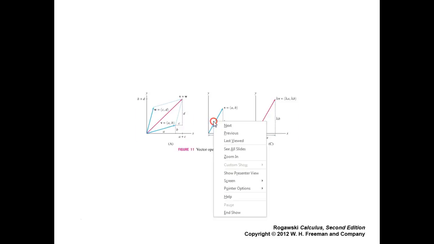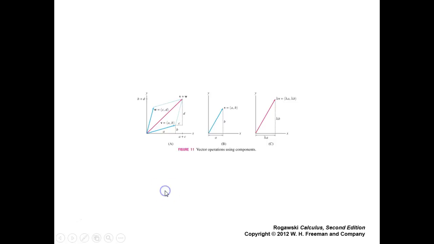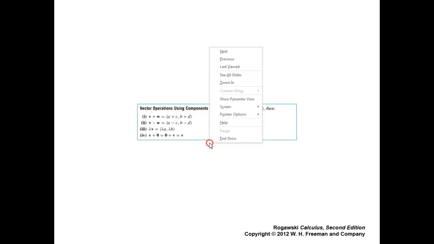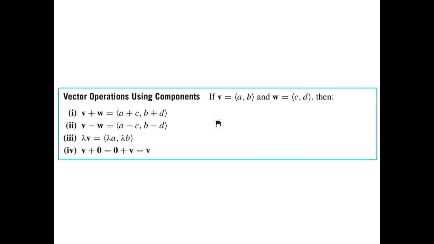All right, now let's look at some vector operations using components. This is how to go, folks. Let's say we have two vectors.